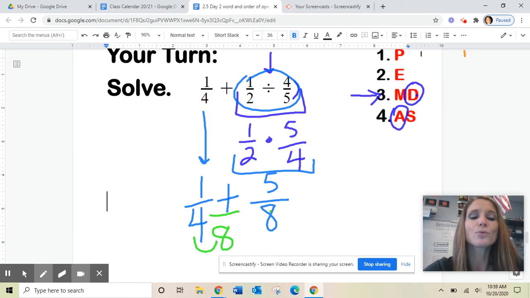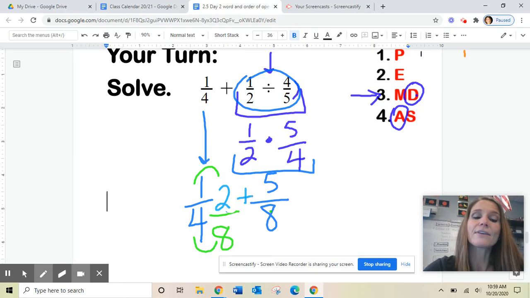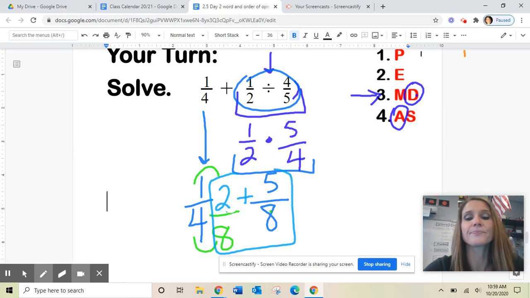So I would grow this 4 twice by doubling it, which means I need to equally grow my numerator of 1 by doubling it. So if I doubled it, I would end up with a 2 here. And now I have common fractions, and I'm ready to actually add. 2/8 plus 5/8 gives me 7/8.